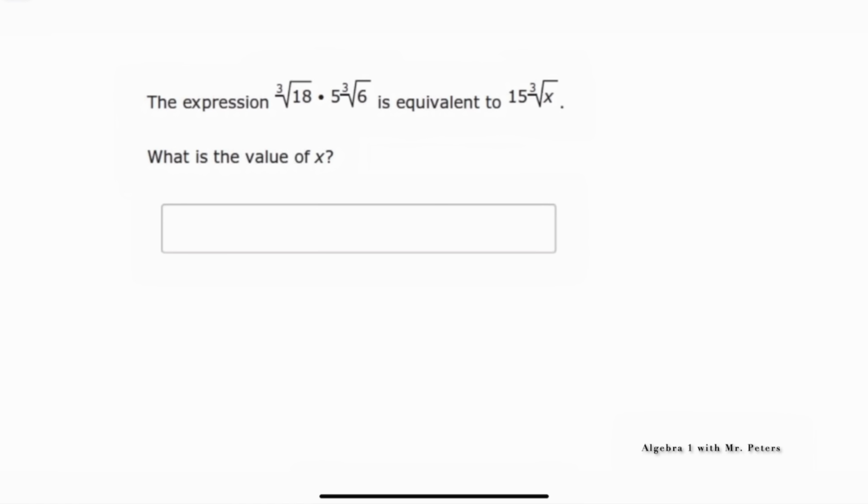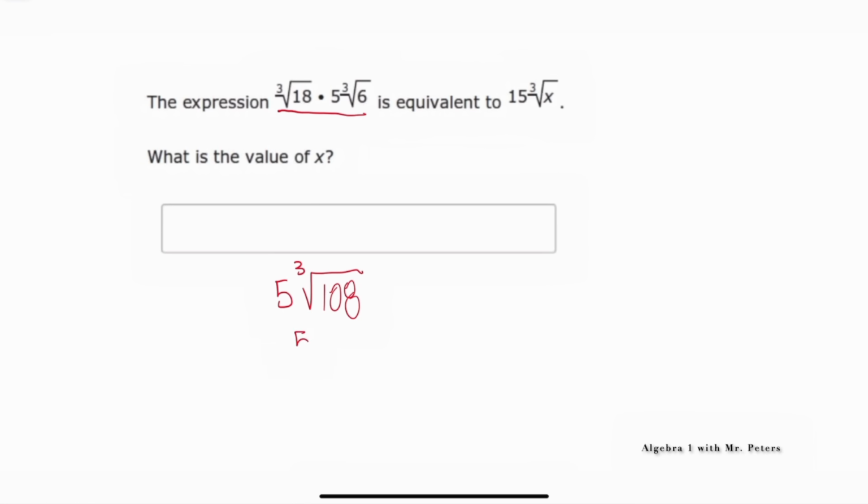So they give us a radical expression and they want us to find what would the value of x be once we multiply. So the best way to do this, family, is just to multiply our two expressions. Once we multiply, what we're going to get is 5 times the cube root of 108. Now we're dealing with cube roots.